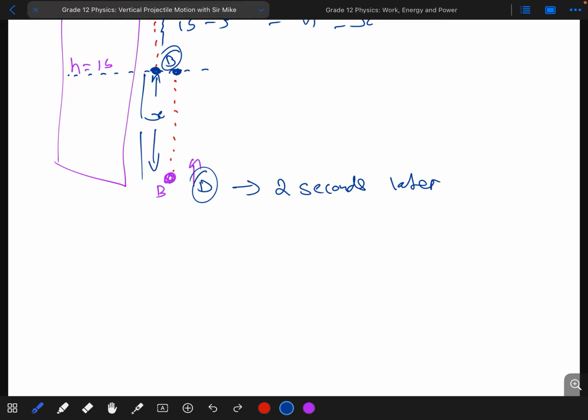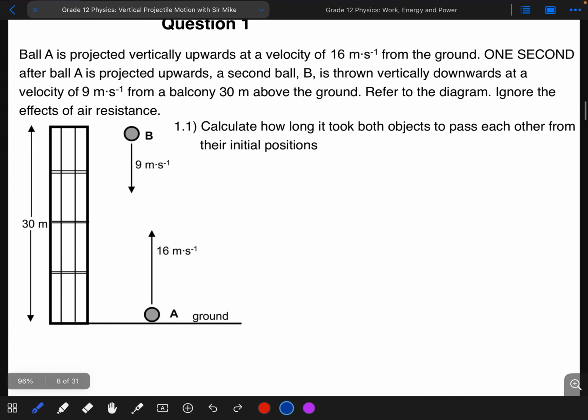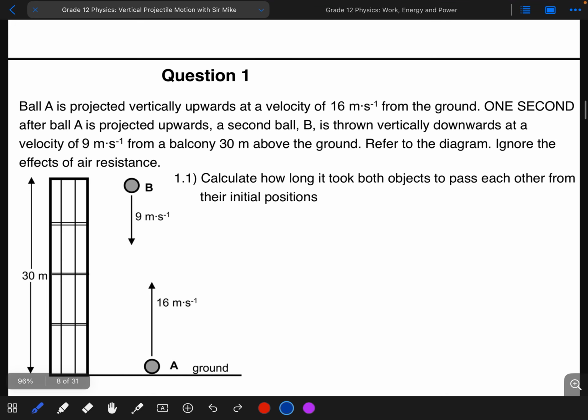Now let's look at some examples so that this actually makes sense a little bit. So we have examples that I prepared down there. In question 1, they said that ball A is projected vertically upwards at a velocity of 16 meters per second from the ground.